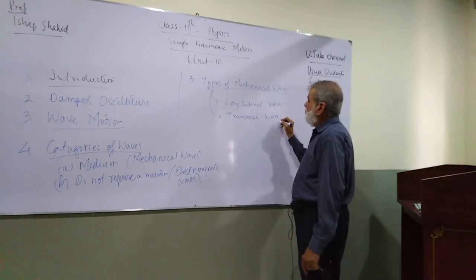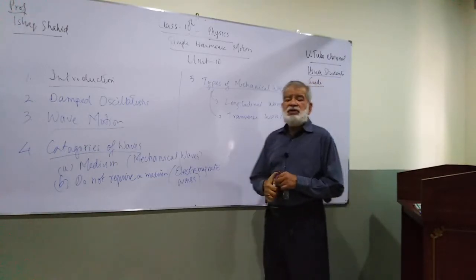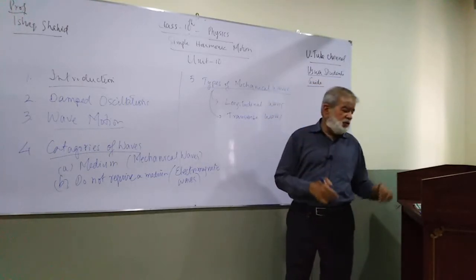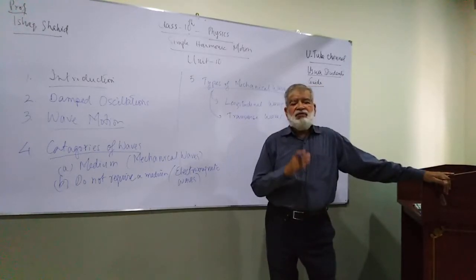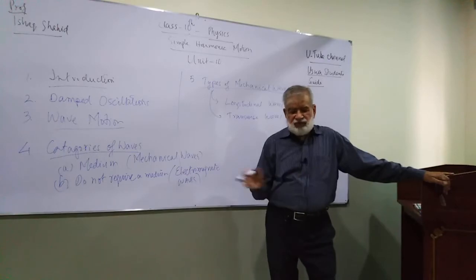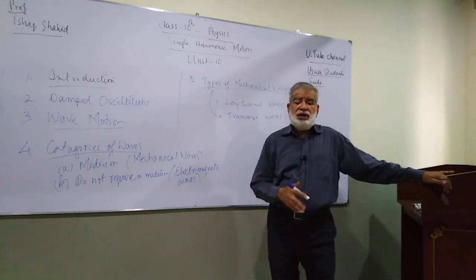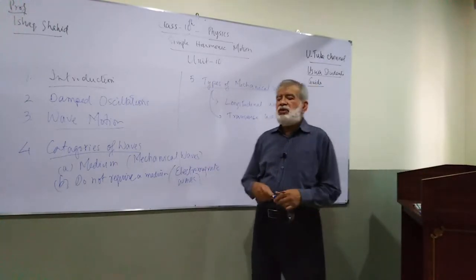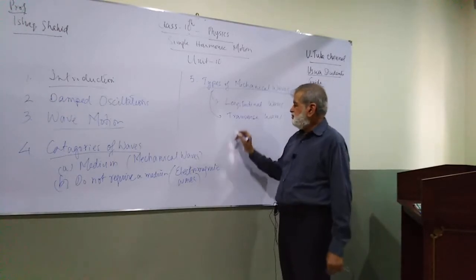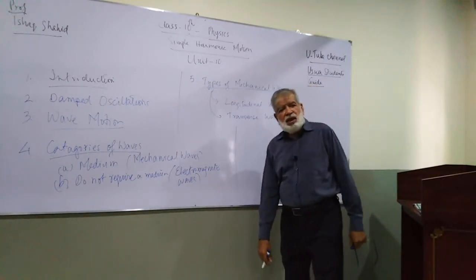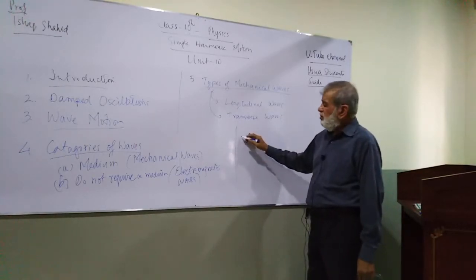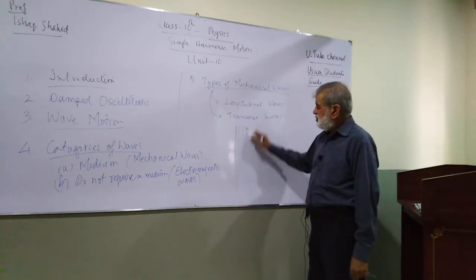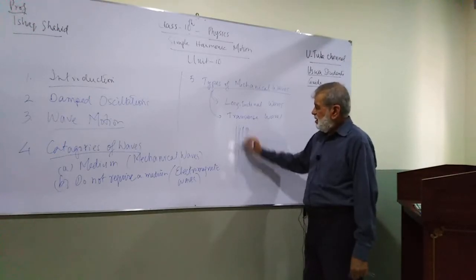The sound wave is a longitudinal wave. A longitudinal wave is that wave in which the particles of the medium vibrate to and fro about their mean position in the direction of propagation of the wave. Example: when sound waves travel through a medium, they produce compressions.